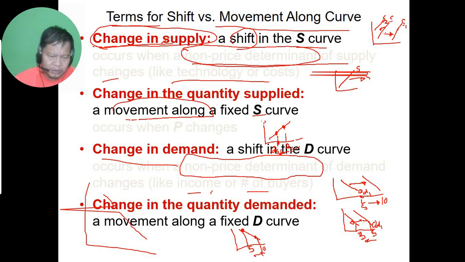But the movement is just along the fixed demand curve. That is because of the price of the quantity demanded. It is not demand shifters but price alone.